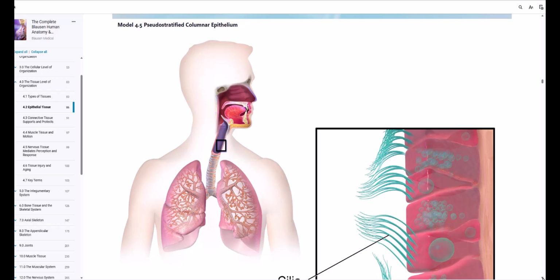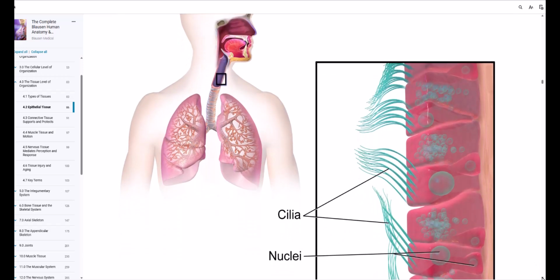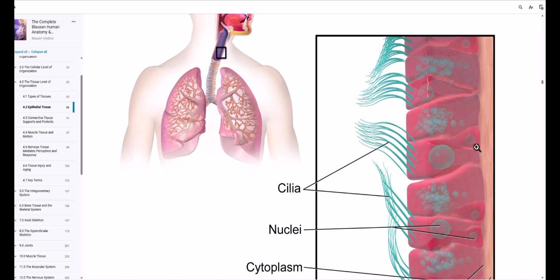When we look at this tissue here in this cartoon, it almost appears that here's one layer of cells, right? Kind of short, stocky cells, and then here are taller cells next to it. It almost looks like there's a couple of layers of cells, doesn't it?